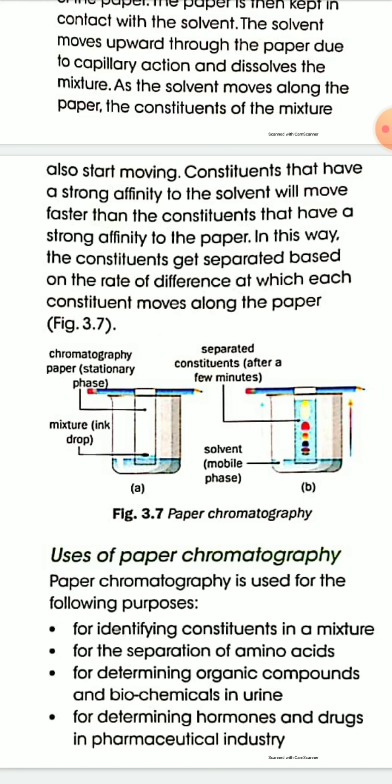So for separation of amino acids, you can use paper chromatography. For determining organic compounds and biochemicals in urine, for determining hormones and drugs in the pharmaceutical industry. So there are many uses of paper chromatography. Okay.